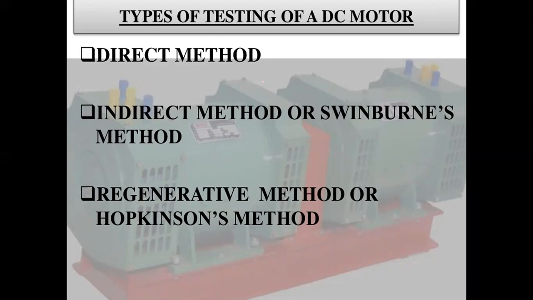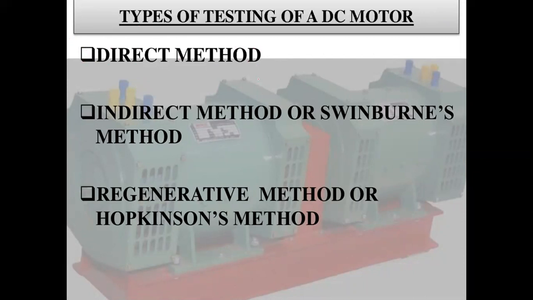This is only to test whether the machine is working properly or not, but it is not doing any useful work, so most of the power is wasted. Suppose it is a 3 kilowatt machine, then 3 kilowatts of power will be wasted if it is directly tested.